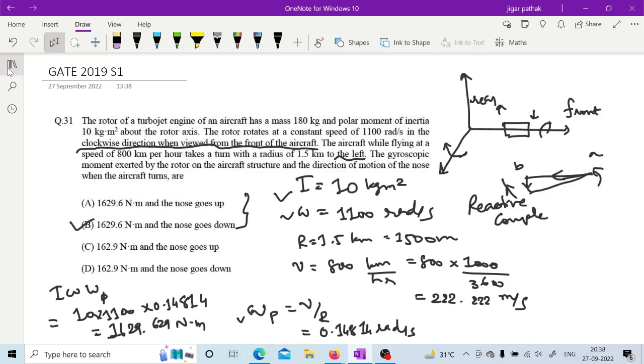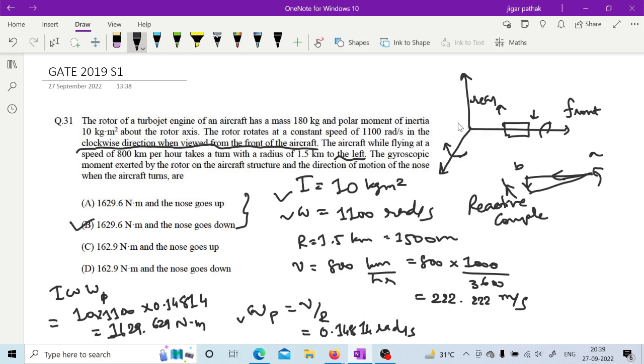See, here actually, as I have told you, see what is happening. Whenever you are having this particular clockwise direction from front, remember what 4 cases we have discussed.